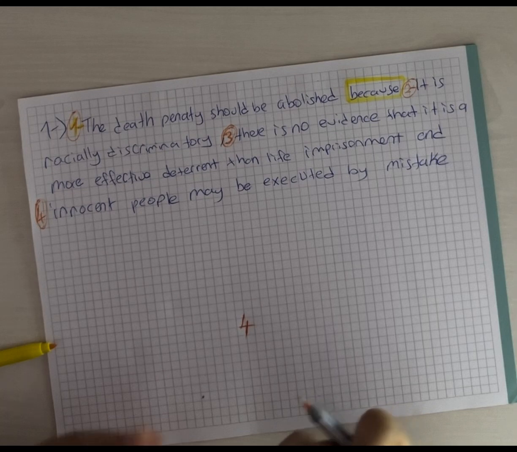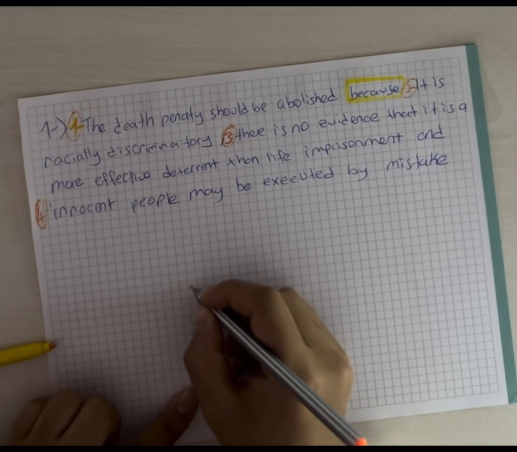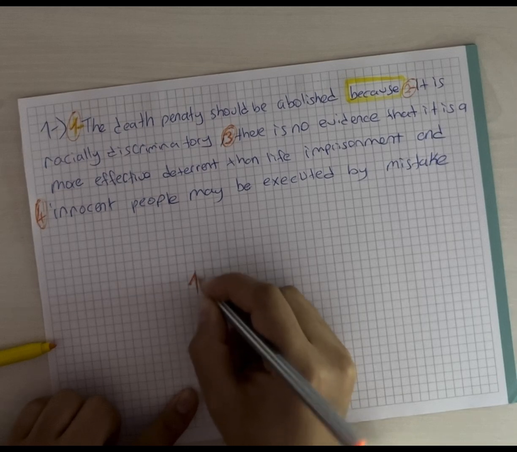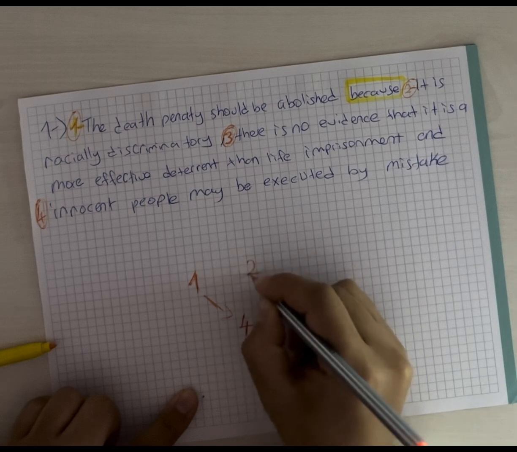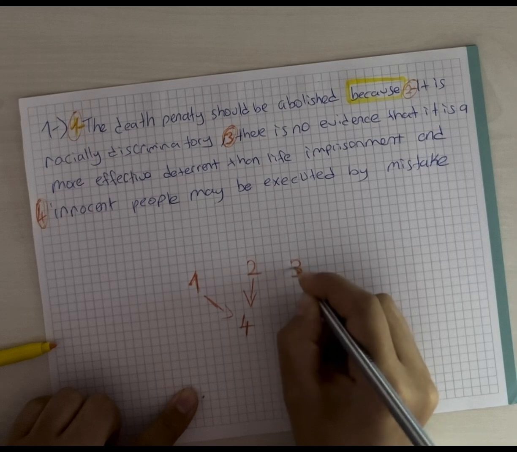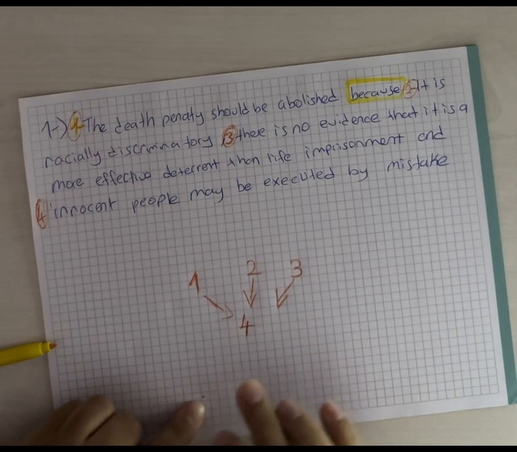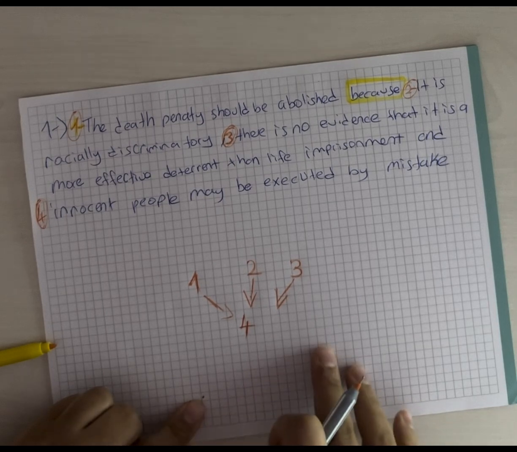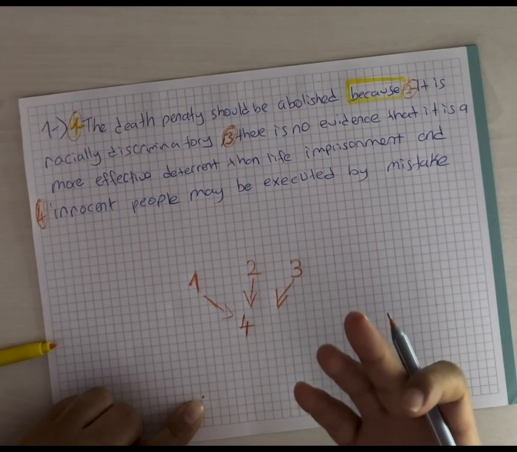There are no irrelevant premises. Each of the three premises provides a separate reason for accepting the conclusion.